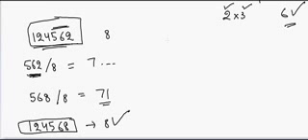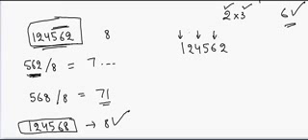Now let's talk about the divisibility by 11. So if I have 1 2 4 5 6 2, and I want to find out whether this number is divisible by 11. So what I'll do is I'll take the alternate digits. So 1, this number, and this number. So I'll take this, and this, and then I'll take this number, and this number, and I add them together.